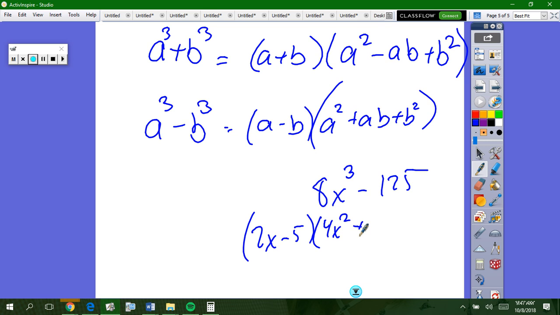Multiply those and do a positive sign. And then square the b. It has to be 2x. This is the same thing as 5 cubed, right? Does that make sense?